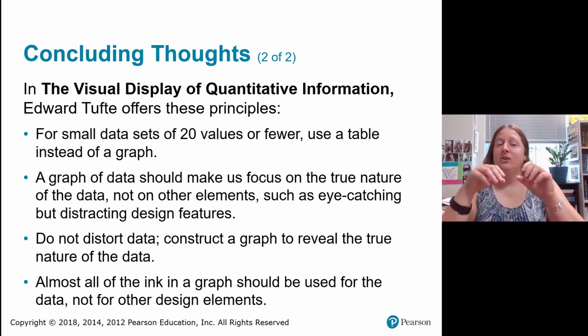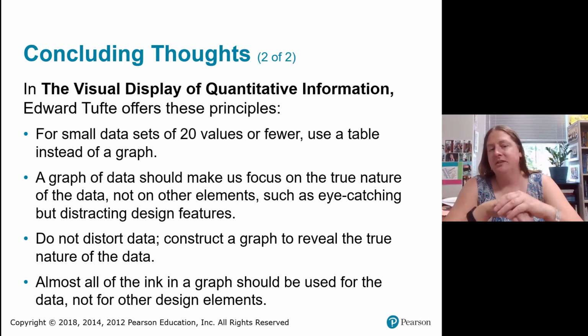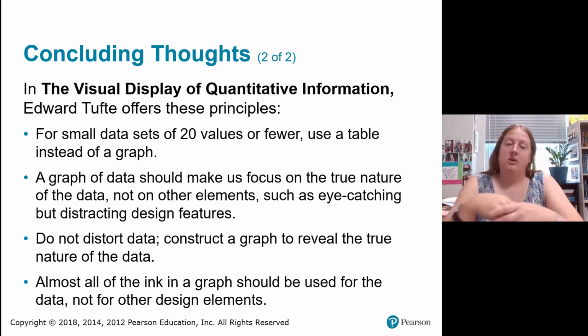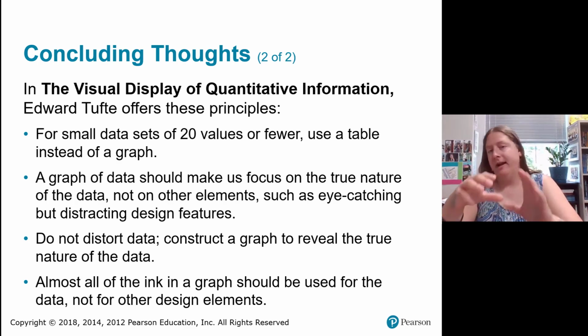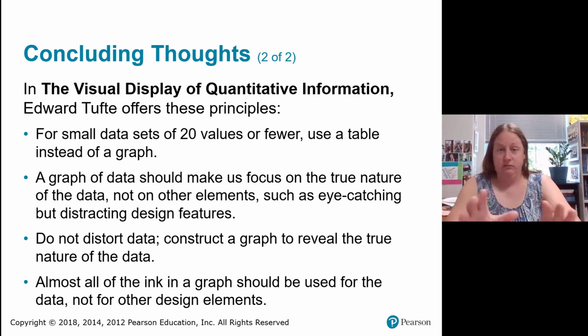Also, the graph of data should make us focus on the true nature of the data, not on other elements. This is a place where pictographs a lot of times fall short. Eye-catching but distracting design features are not necessarily great. Bar graphs that use 3-dimensional bars instead of just a regular bar are failing on this front.